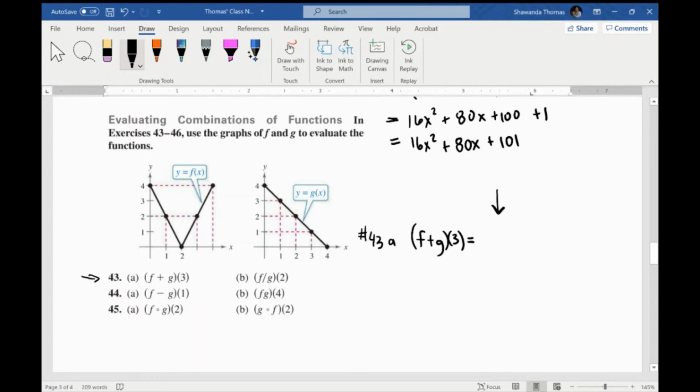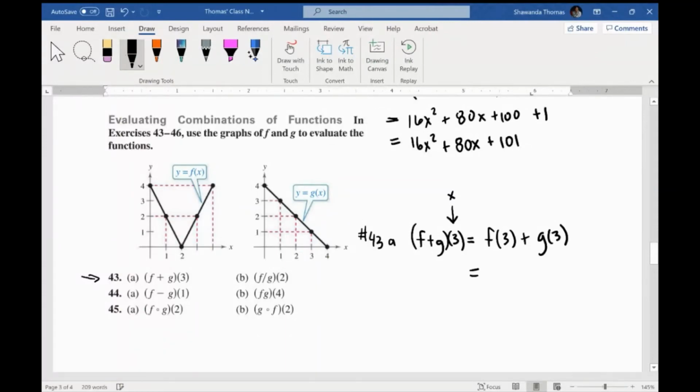It'd be F parentheses G parentheses 3, and then close parentheses. So would it be F of X plus G of X? But we don't have X anymore. We have what? Oh, 3. So it'd be F of 3 plus G of 3. Yes. So again, that used to be an X, but now it's 3.